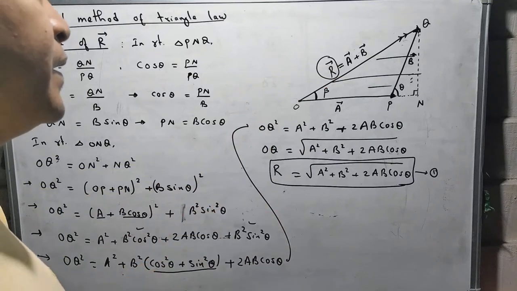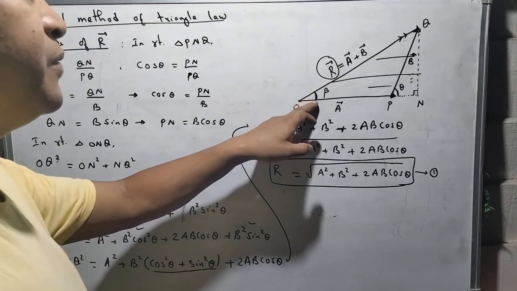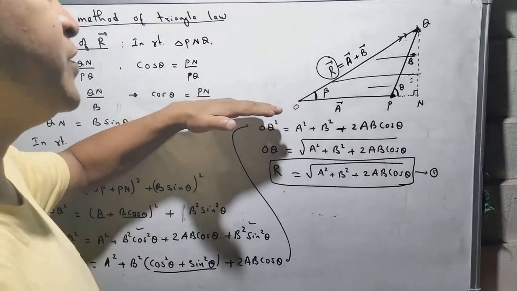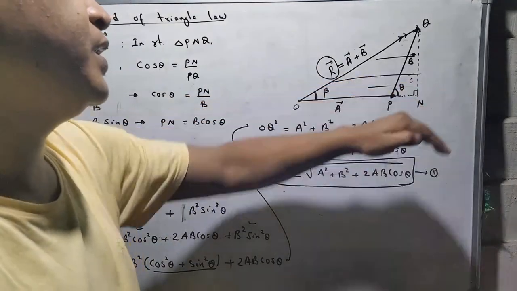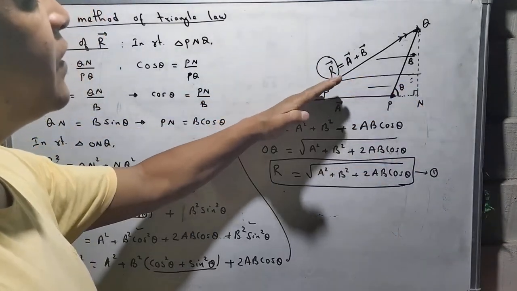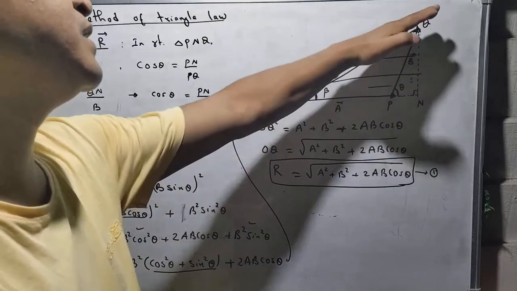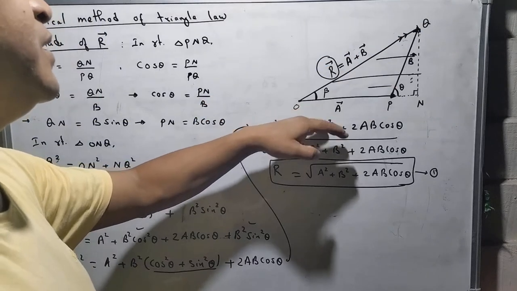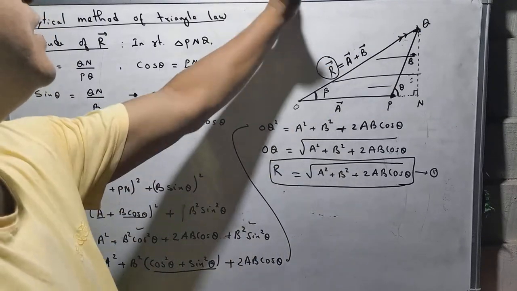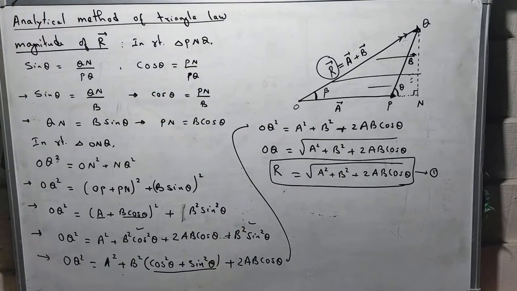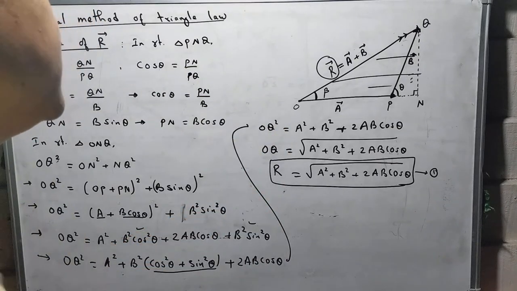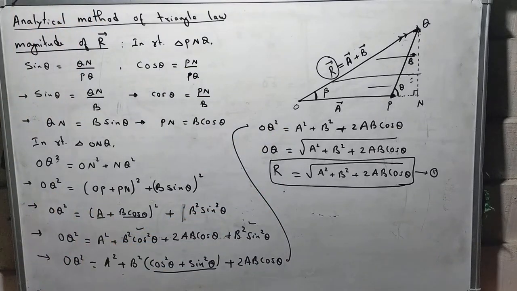For example, if beta is 0, then the resultant is acting along vector A. If beta is 30 degrees, let's say this angle is 30, then R is acting in this direction. If beta is 90, then R is acting in this direction. So this angle beta is very important, which tells about the direction of the resultant vector R.